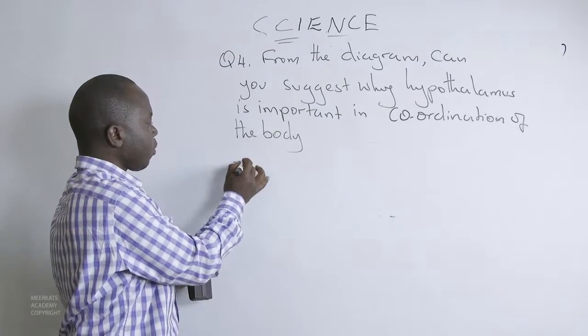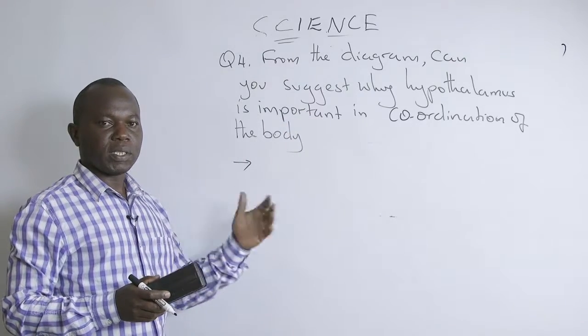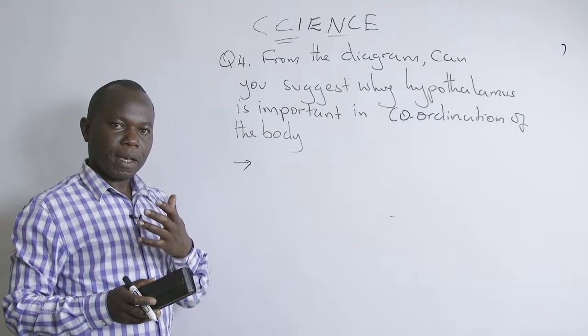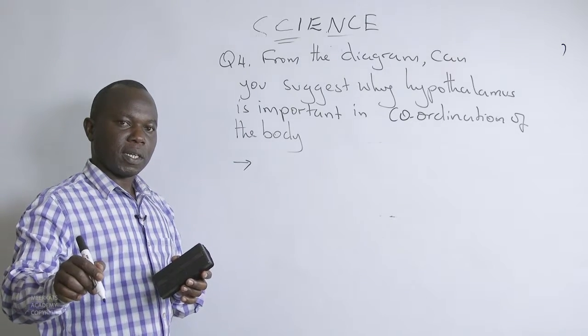Now from the diagram you have seen that hypothalamus can release hormones. When it detects a stimulus, in the process it sends hormones to pituitary gland.